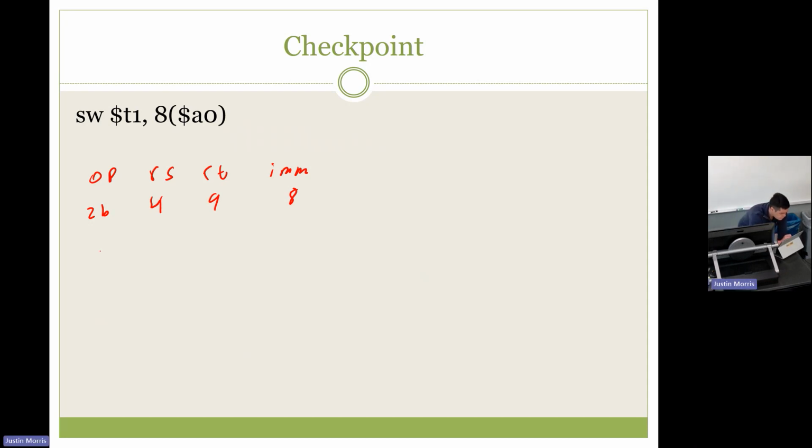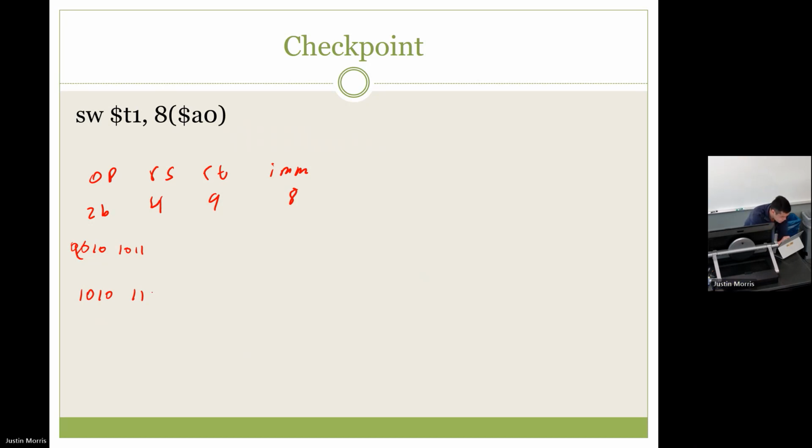So 2B. If I translate this from hex, and then B is, right? But again, this is only 6 bits, so I don't need those first two. So it's 1 0 1 0 1 1, right?